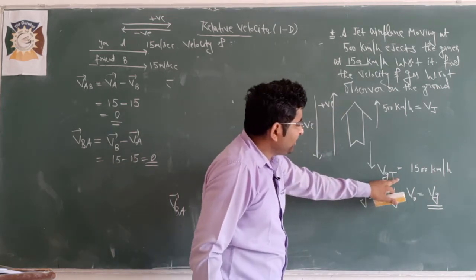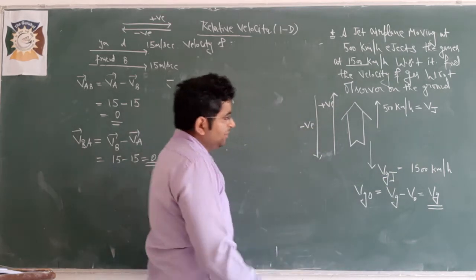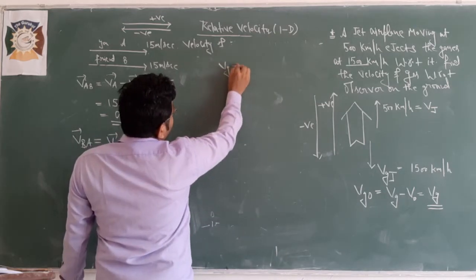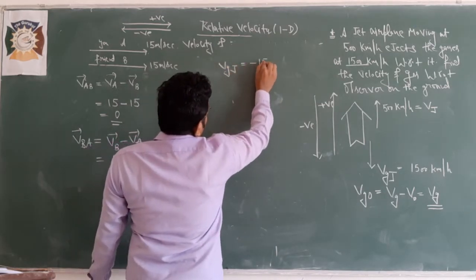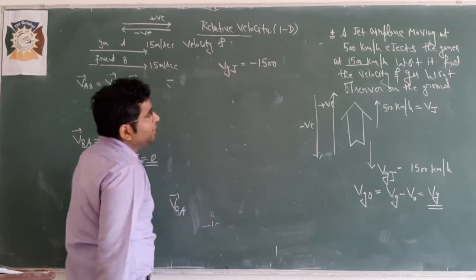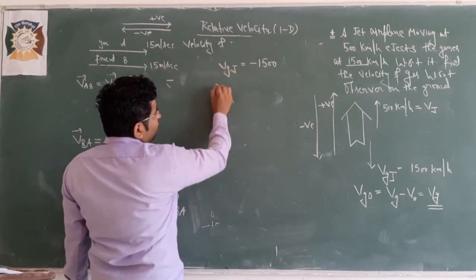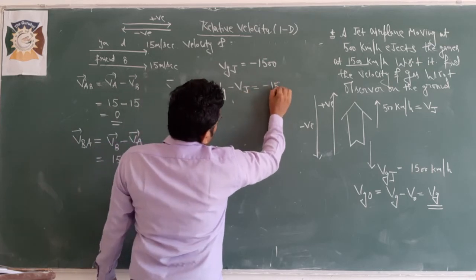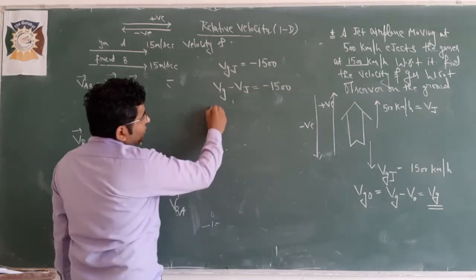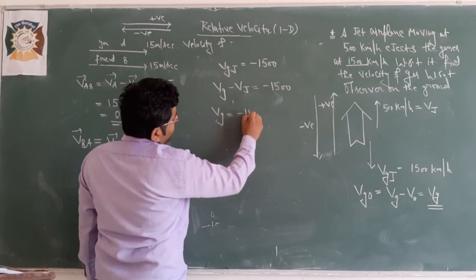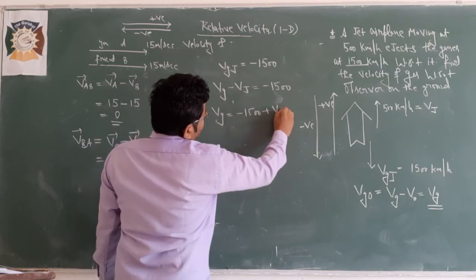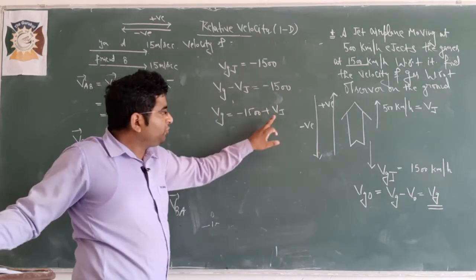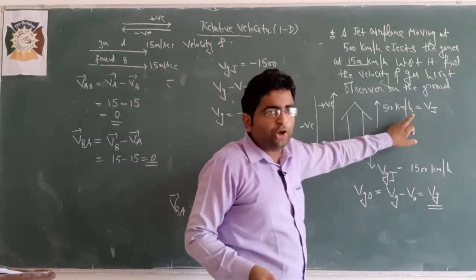So the VGJ, it is in downward direction. So beta, VGJ is equal to minus 1500. Clear? So the VGJ, we can write it as VG minus VJ equals minus 1500. So beta, VG equal to this one, but velocity of jet is equal to 500 km per hour.